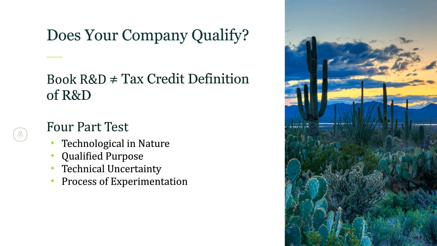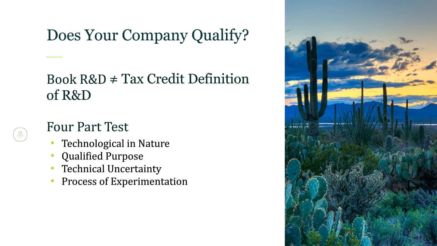All right, so next up we're going to talk about whether or not your company qualifies and get into the actual rules and requirements to qualify for the credit. It's important to note that book R&D or GAAP R&D doesn't necessarily equal tax R&D for the credit. It can in certain cases, but oftentimes we find that tax R&D includes more than book or GAAP R&D.